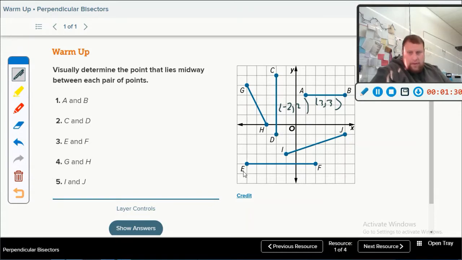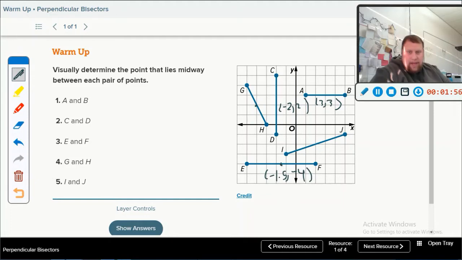EF. 1, 2, 3, 4, 5, 6, 7. Oh, so we need to go 3.5. So 3.5 is about right here, which means I'm going -1.5 in the x direction and down 1, 2, 3, 4, so -4 in y.